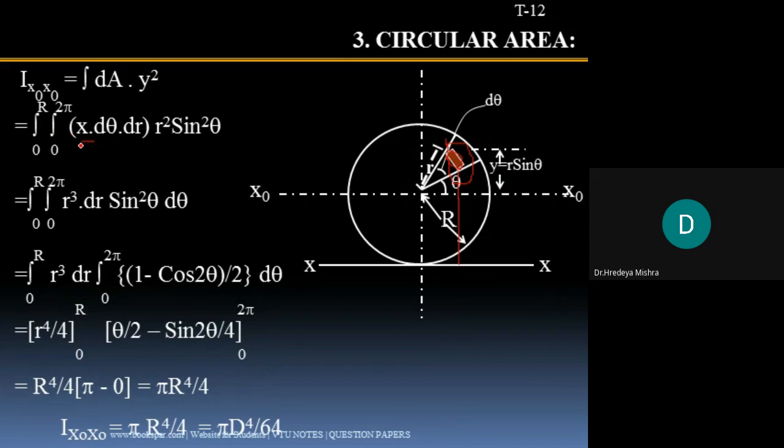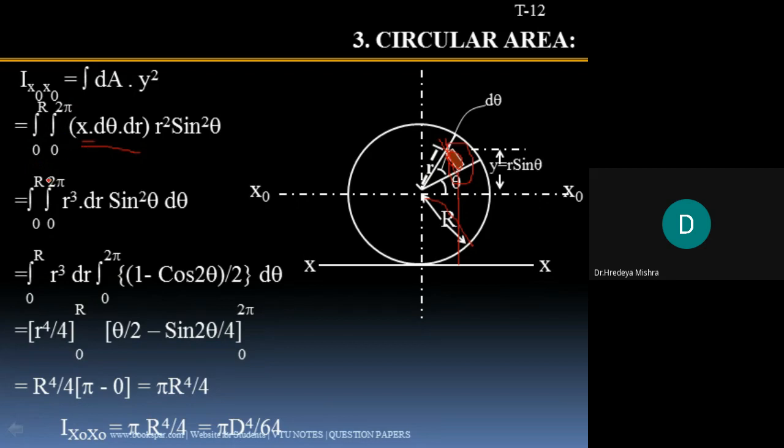So this is the area, and we extend from 0 to capital R. What is the capital R? This is the capital R, and small r is the radius till here. Okay, so there are two integrations, 0 to capital R and 0 to 2 pi.